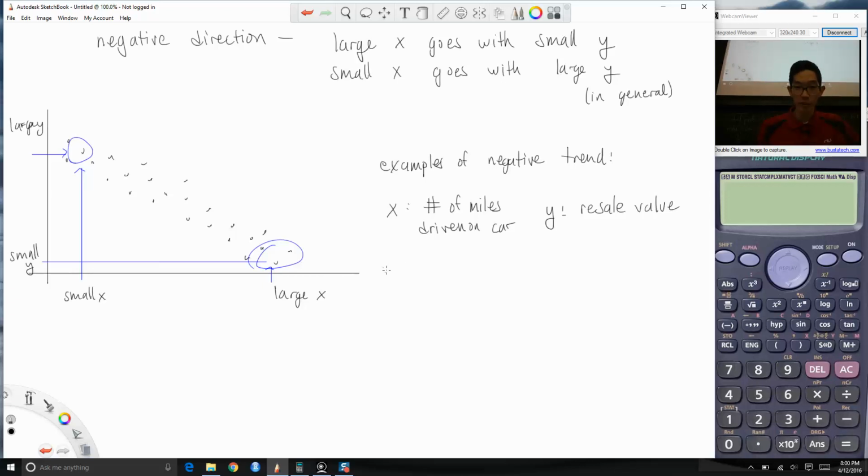Other examples of x and y having a negative trend: x could be the number of hours spent studying, and y could be the number of hours watching TV.